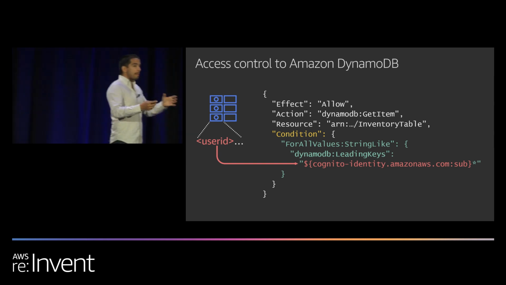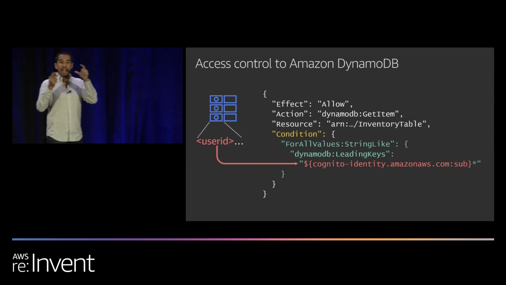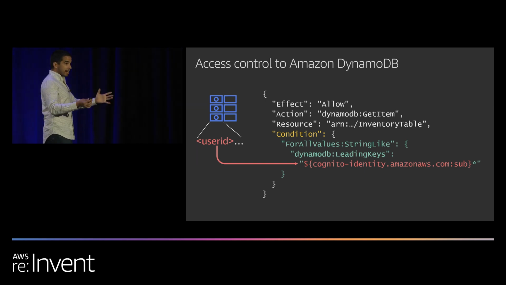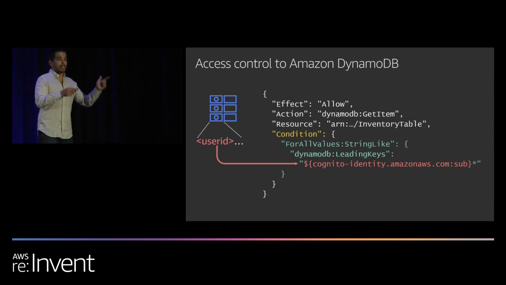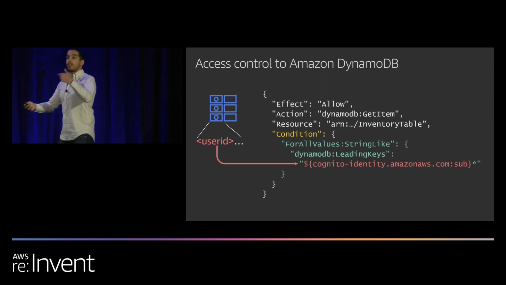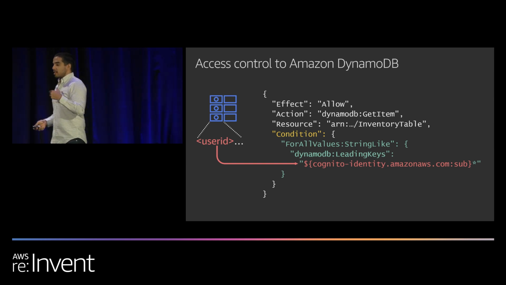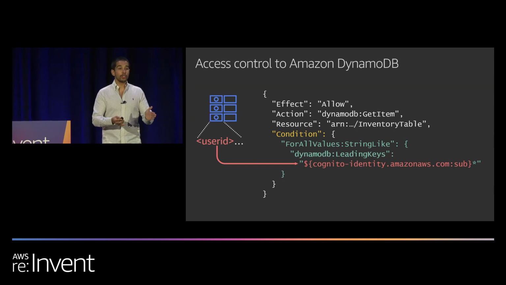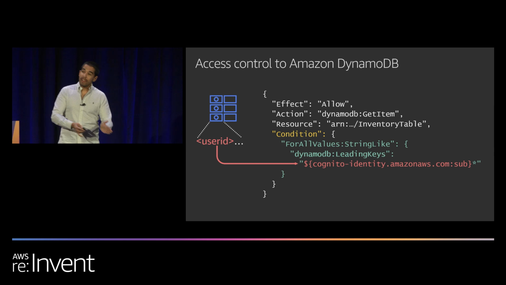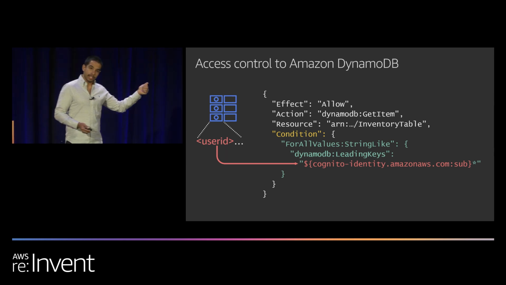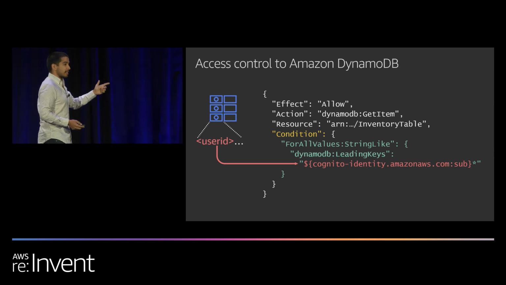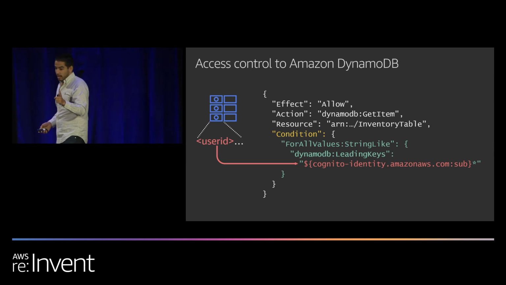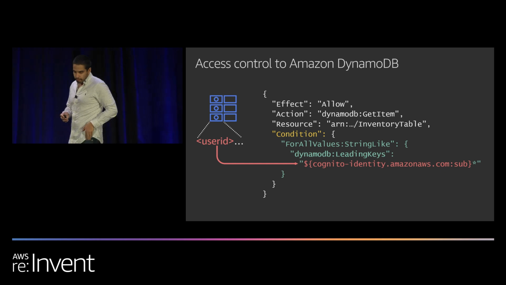If you prepended the user's own identity ID as part of that partition key, then it's going to basically make users only access the parts of the database that are prepended with their own Cognito identity ID. So this is a bit of a mouthful. But what we're doing here is basically making the user's own identity define the boundary of what they can access in DynamoDB, and we didn't have to write a single line of code. This is super cool, and if you're using Cognito and DynamoDB, you should go for that.